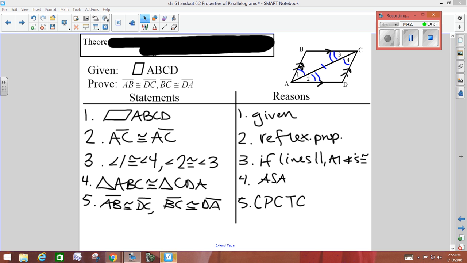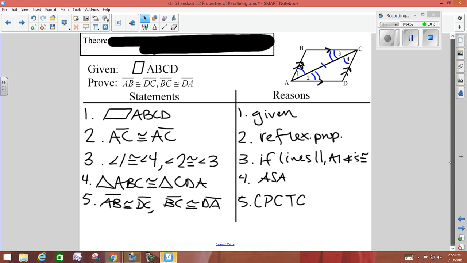Okay, so now we have to step back and look at it through a wider lens, because we're not talking about triangles really anymore. We're talking about quadrilaterals. So given to us, ABCD is a parallelogram. What do we prove about the parallelogram? What did we prove about it?